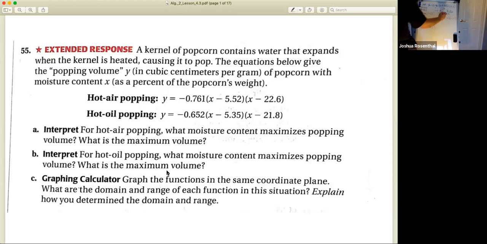The other one was over here and lower. This middle was here, 13.5. So this graph looks like this. Yes, right there where the parabolas cross is the solution to the system of parabolas. At that point, they will have the same water content and popping volume.